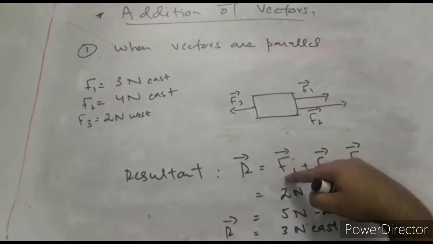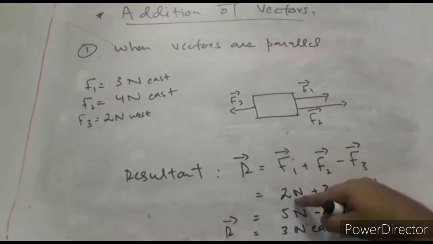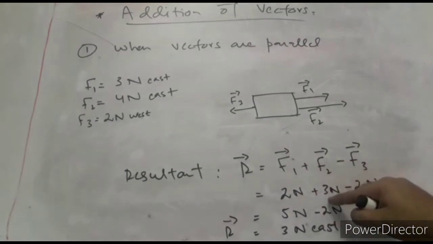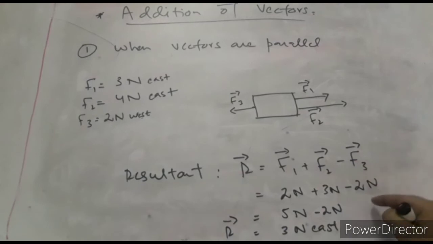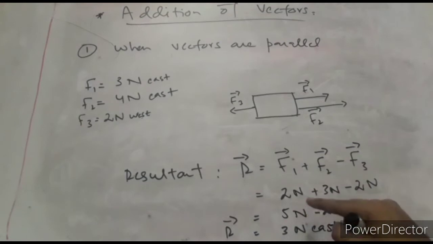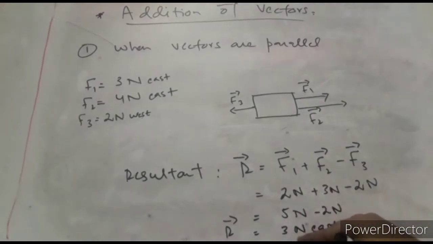So we write their values over here. F1 is 3 Newton, F2 is 4 Newton, both are in east, and F3 is 2 Newtons west. Now 3 plus 4 Newton will be 7 Newton, and after subtracting 7 minus 2 we will get the answer 5 Newton of this vector which is going towards east.